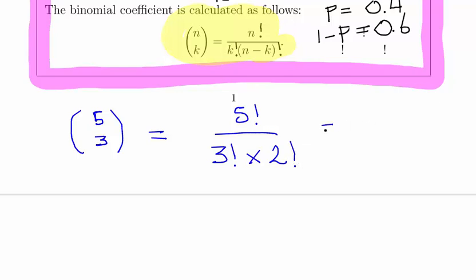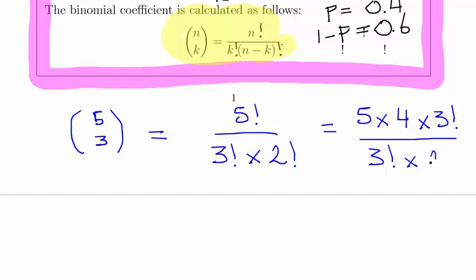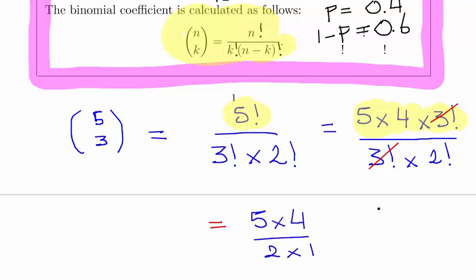Now 5 factorial can be written as 5 times 4 times 3 factorial, and again 3 factorial times 2 factorial. So in the numerator you try to expand it out a bit so that you can get a cancellation. What we have here is 5 times 4 divided by 2 times 1, that's equal to 20 over 2, which is equal to 10.